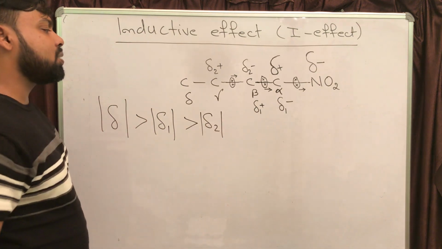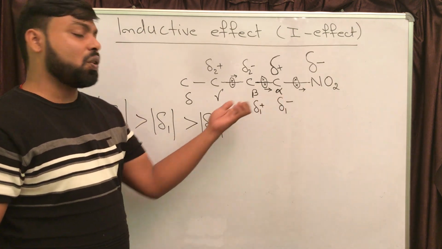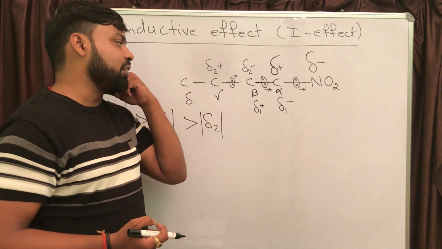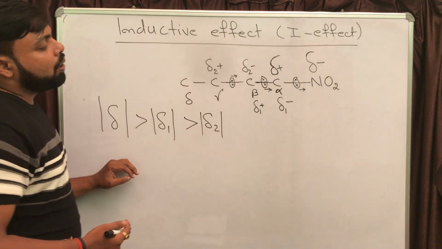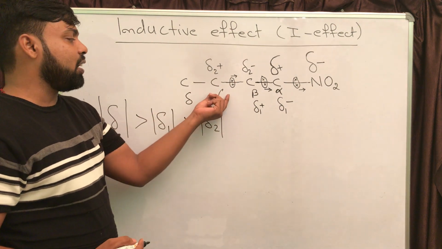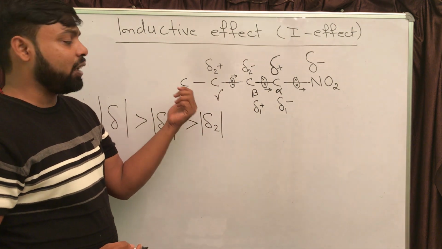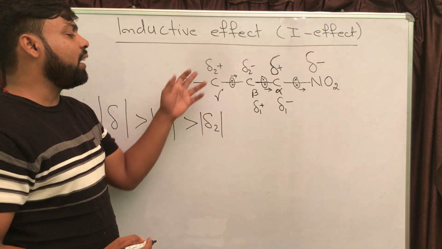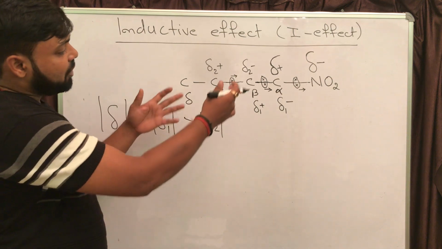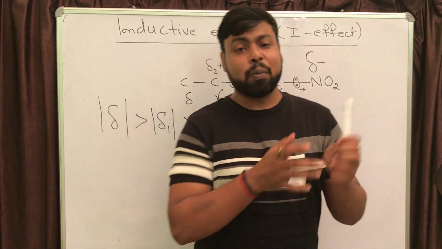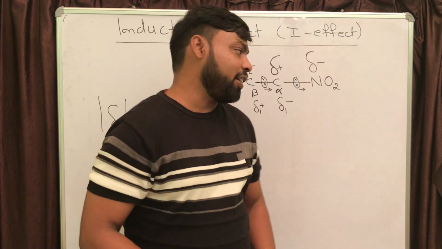It is just because the electron withdrawing power, electron pulling power, is going to decrease along the carbon chain, right? And further, the gamma carbon is going to be electron deficient, so it is going to pull electron from the next nearest bond between gamma and delta, right? So this electron withdrawing effect is going to propagate through the carbon chain.